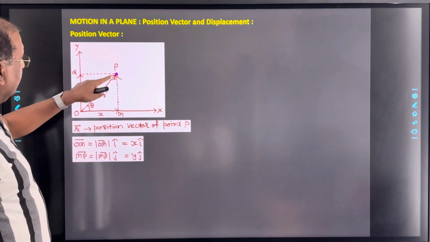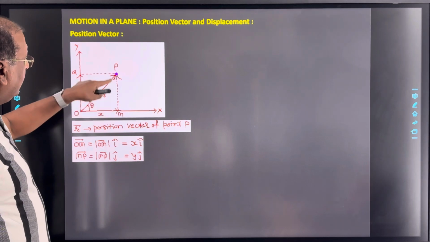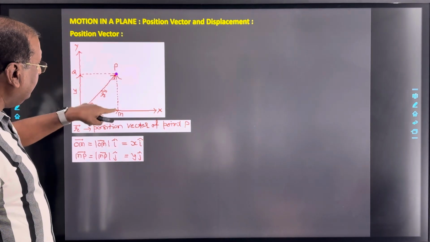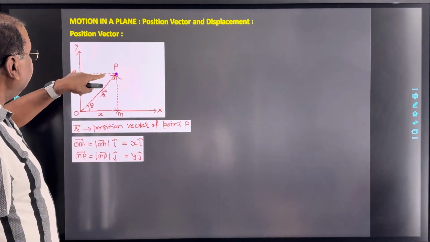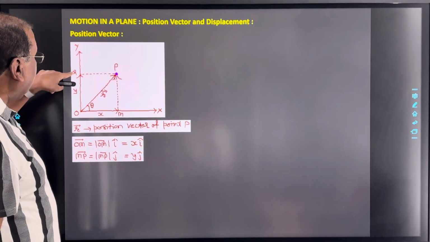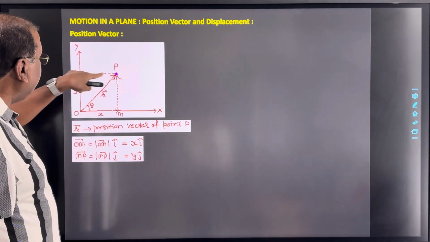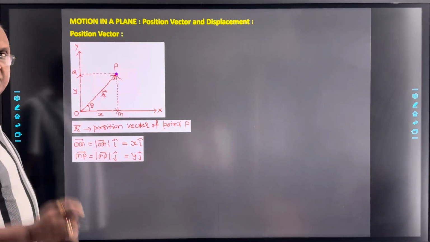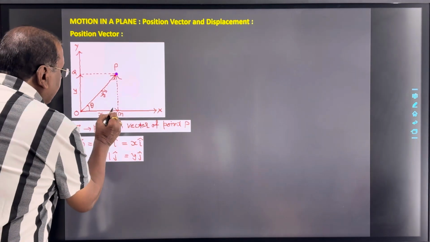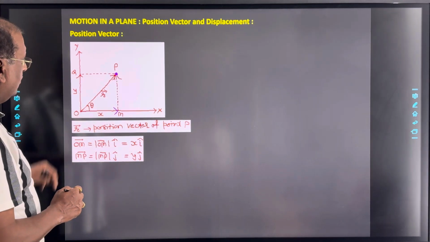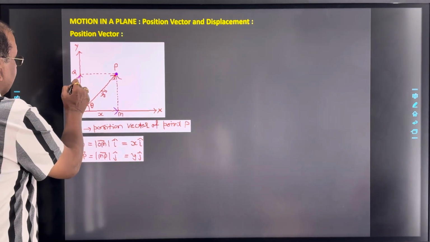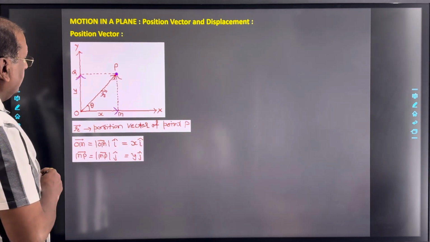Now, here, suppose we draw a normal from point P to the x-axis, that is PM, and another normal to the y-axis from point P, that is PQ. So, here now we can prepare two vectors. One vector is vector OM, and another vector is vector OQ.